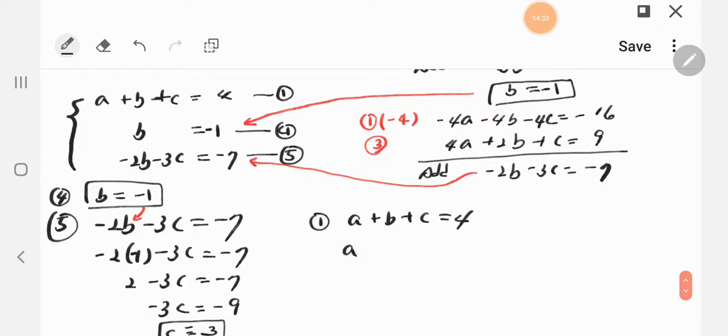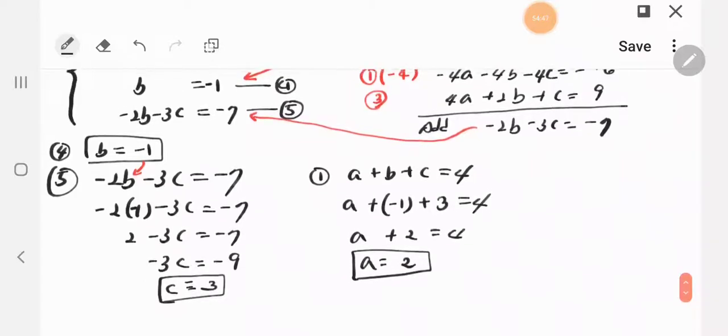Then b is negative 1 and c equals 3, so a plus 2 is equal to 4. Then a is 2. So we found the coefficients of the quadratic equation, the a, b, c values.